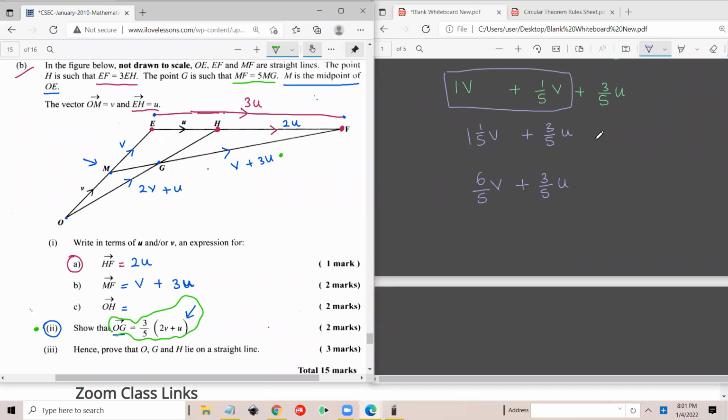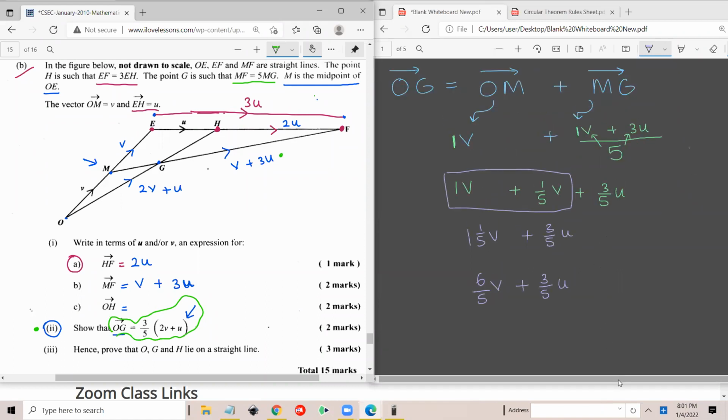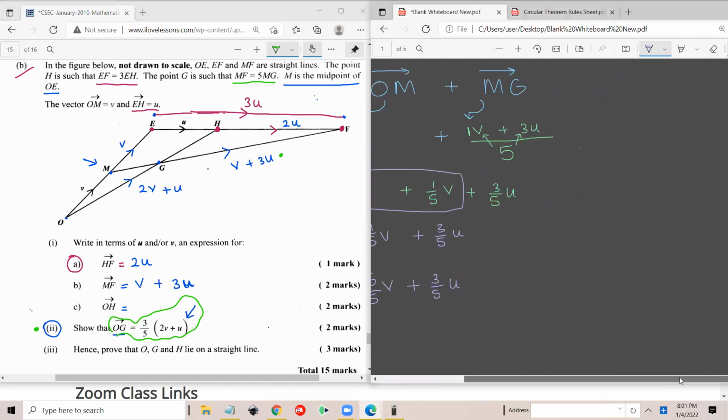Let's factorize. Now, just in case you cannot remember how to factorize, we did it last term. Let me just slide here. Remember, if you have something like 2x plus 6y, and I ask you to factorize this, the most obvious thing to pull out here is 2. But what do we mean by pull out a number?